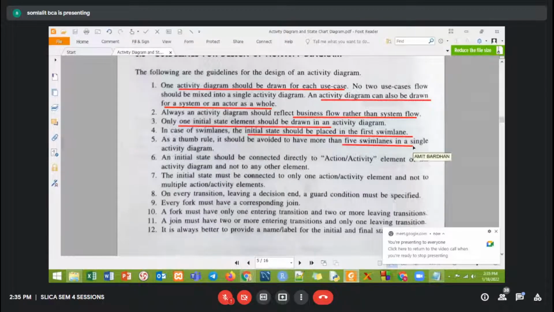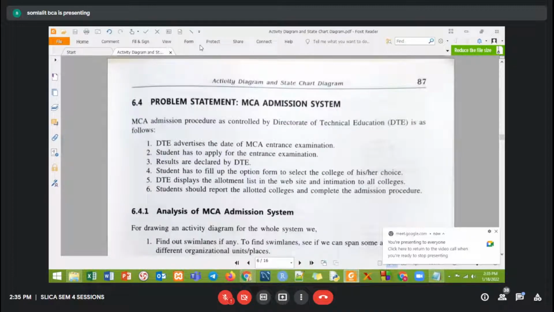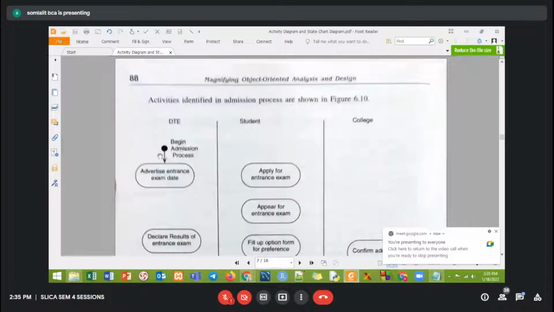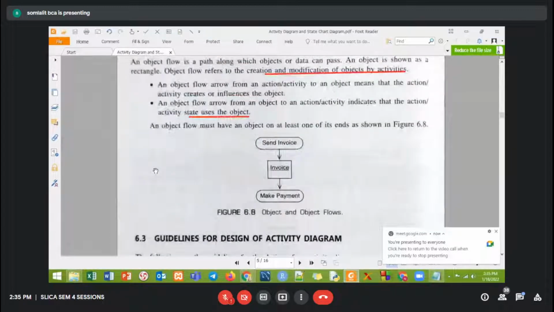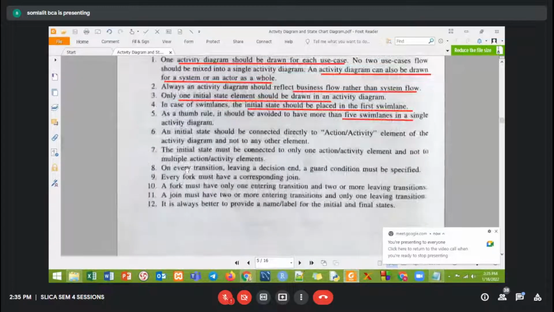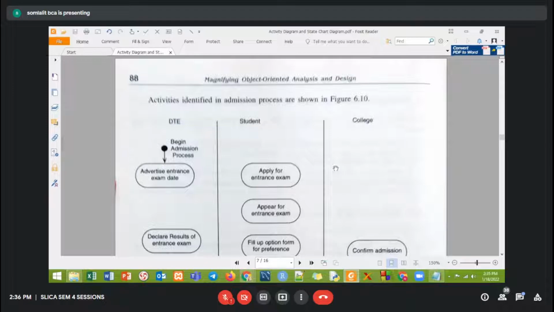Then the initial state should be connected to an action or activity. Definitely, if you look over here, the initial state is always connected to an action or an activity. It cannot be connected directly to a flow. Then the initial state must be connected to only one action or activity at a time. In the beginning, you need to connect this initial state to only one activity or action. You cannot connect it to multiple.